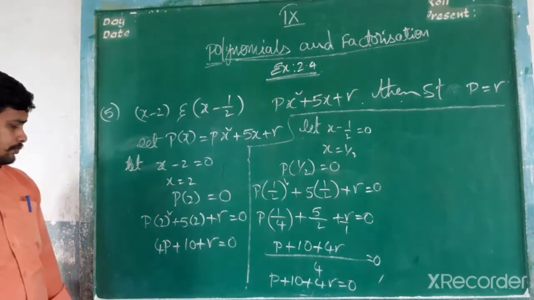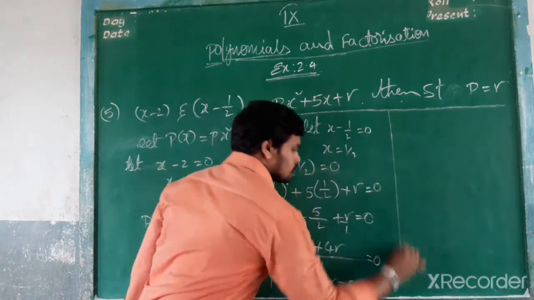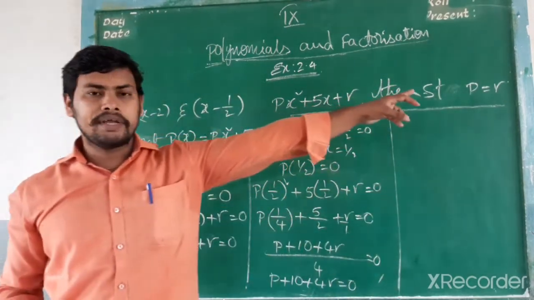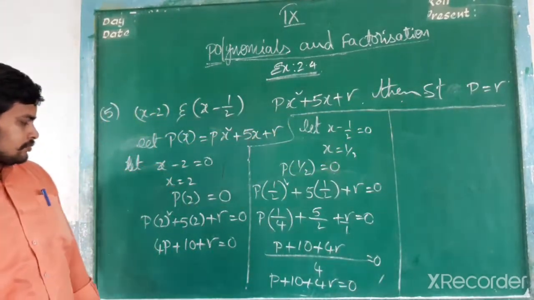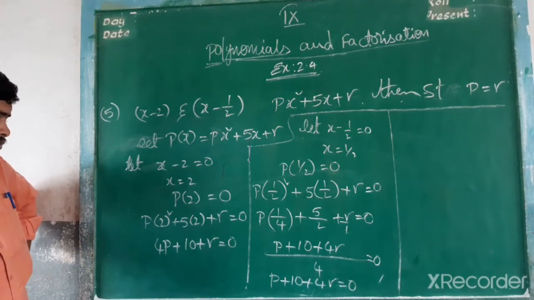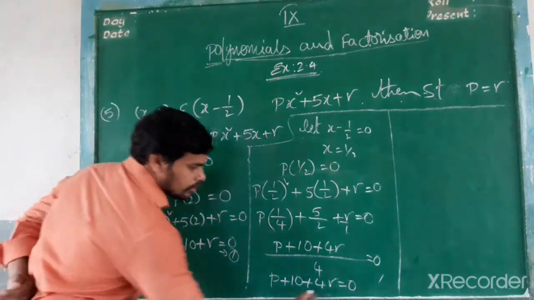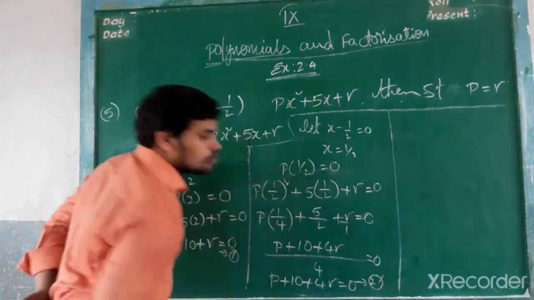Now what do we have to prove? p equal to r. This is equation 1 and this is equation 2.